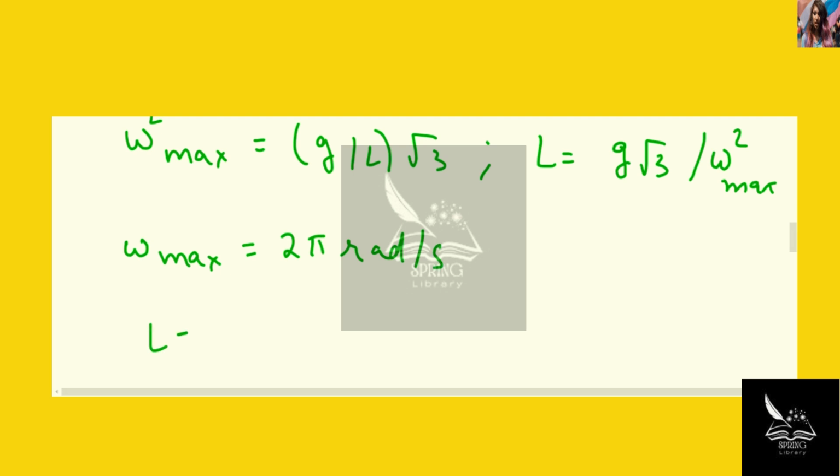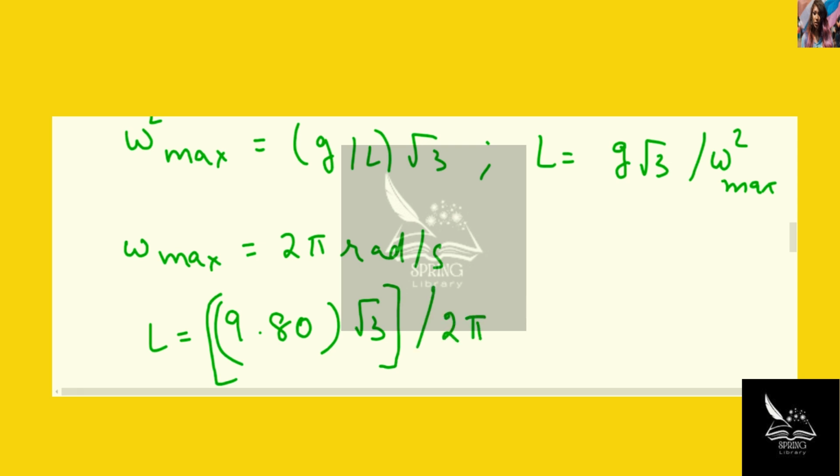It gives L equal to 9.80 meter per second square into root 3 upon 2 pi rad per second the whole square, which is equal to 0.430 meter. So this is the value for our L.